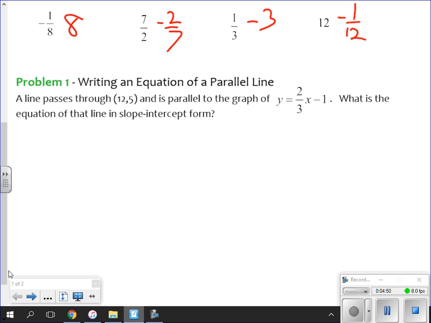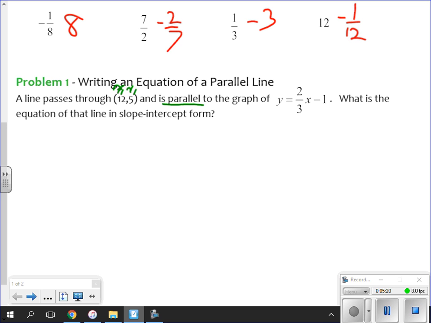Problem number 1. Writing the equation of a parallel line. We have a line that passes through the point (12, 5) and is parallel to the graph of y equals 2/3 x minus 1. So we have an xy coordinate, x1, y1. And if we have a point, we need a slope.